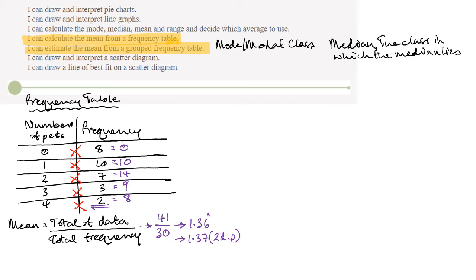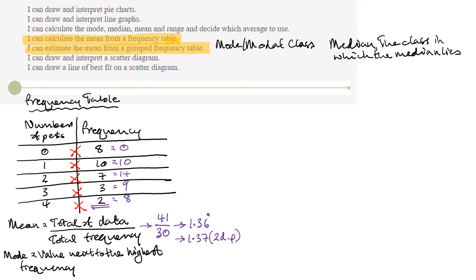Now, to find the mode, okay, to find the mode, it's basically the number or the value that's next to the highest frequency. So I'll just write down value next to the highest frequency.